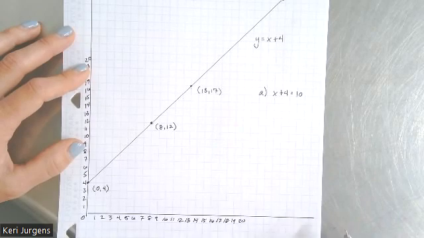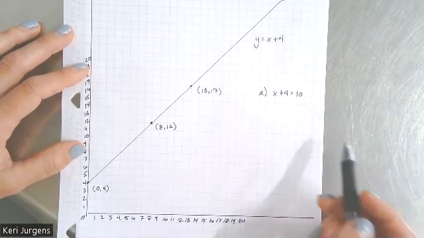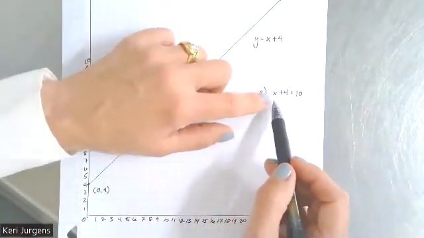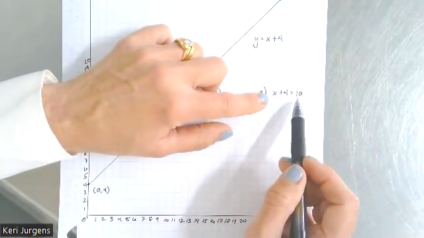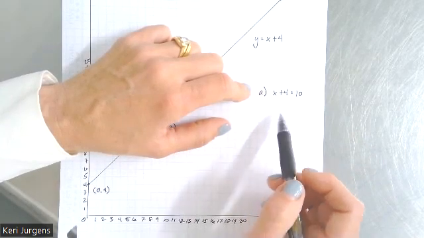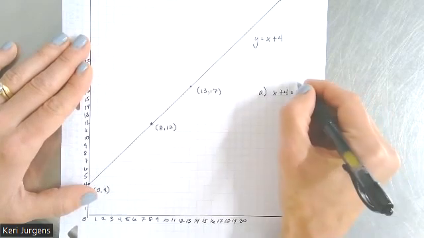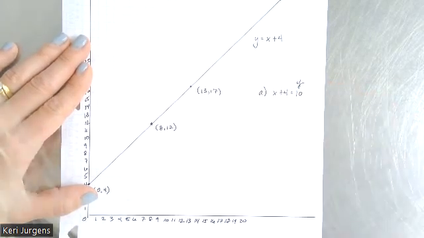Cameron? 6. No. Let's go back over that. y equals x plus 4, and x plus 4 equals 10. So for letter A, what is my y value? Lucy Cole. It's 10. Go ahead and put a y above that.